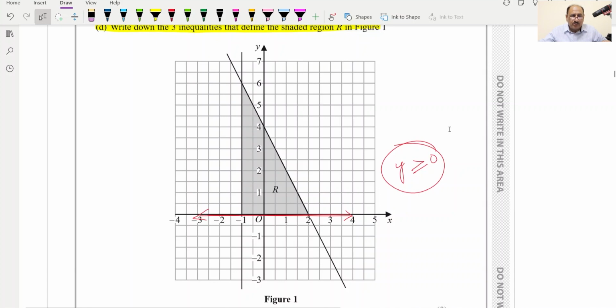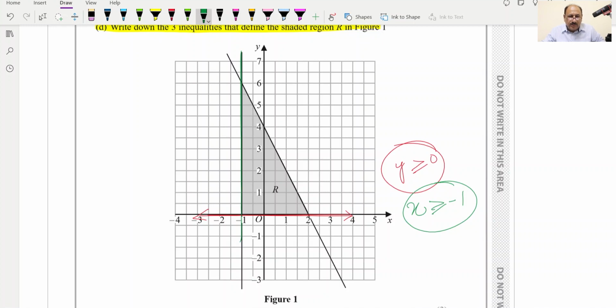And the second inequality which we can write, we can figure out is this line, which is x is equal to minus 1, so greater than or equal to. So the second inequality will be x is greater than or equal to minus 1, which we can write over here.